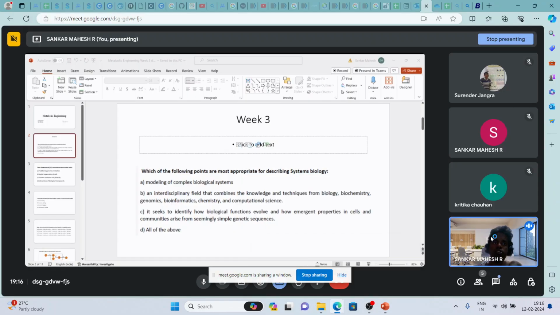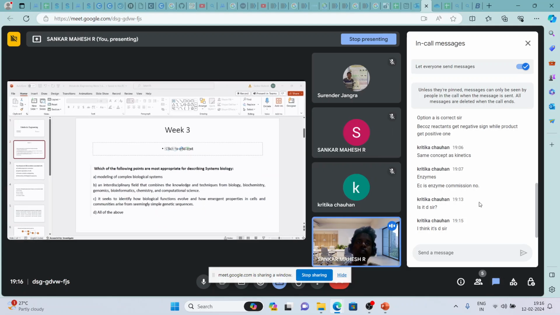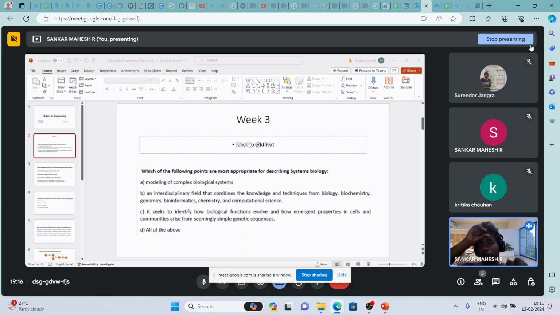Kritika, you can type out the option in case. Okay, so you're saying for this question also it's D. Yeah. So in systems biology, we deal with modeling biological systems, and because it uses information from different disciplines like biology, biochemistry, genomics, bioinformatics, chemistry, computational science, and others, it's an interdisciplinary field that combines this knowledge.